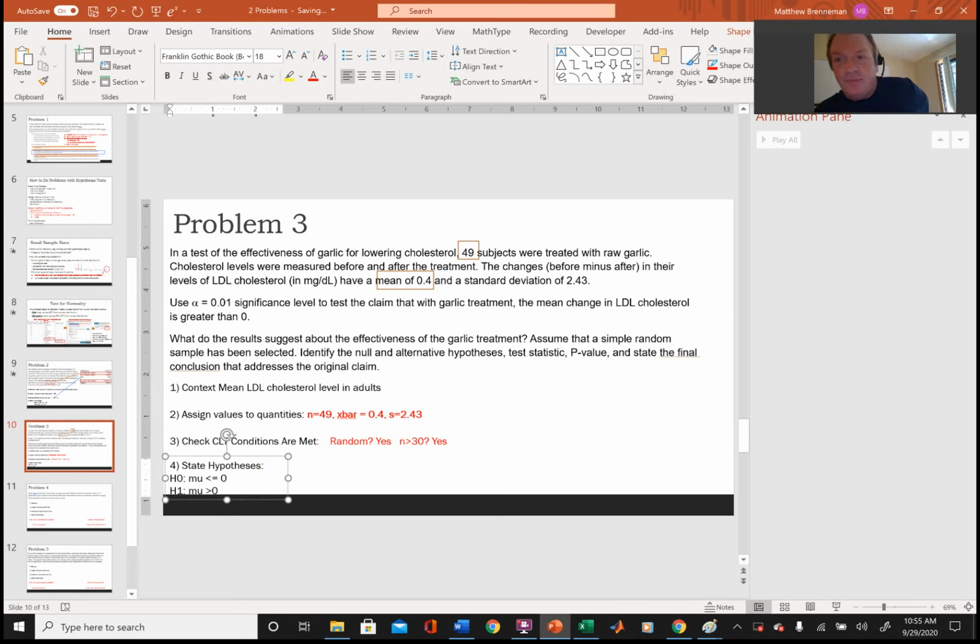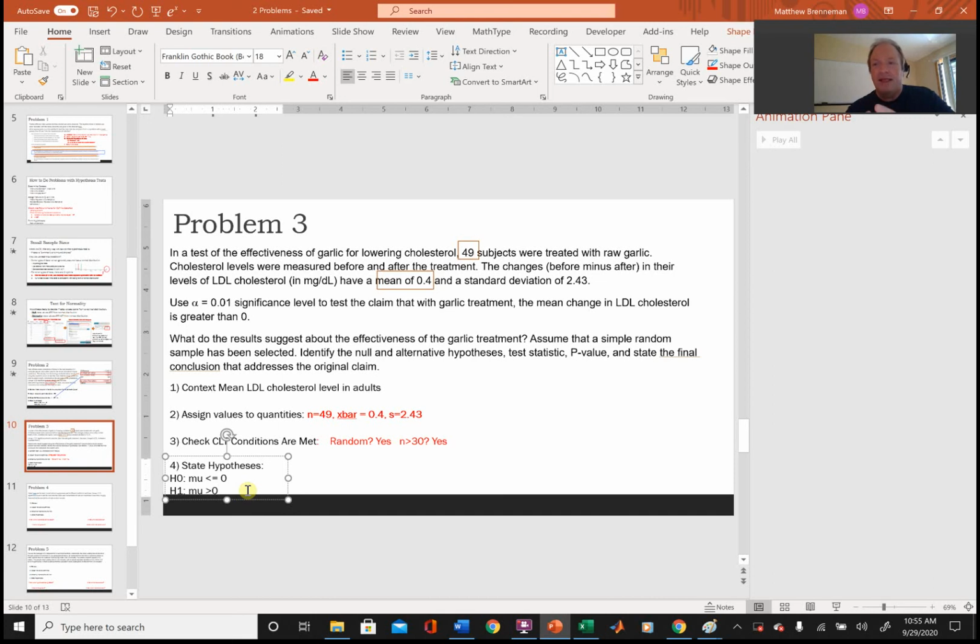And what can seem confusing, and this is where I don't like what the book is doing, but what can seem confusing is the fact that we said whenever we're testing a claim, we do the opposite. That's the alternative, okay? So the claim here is that it's greater than 0. However, here's how you know this is not what's going on, and this is important.